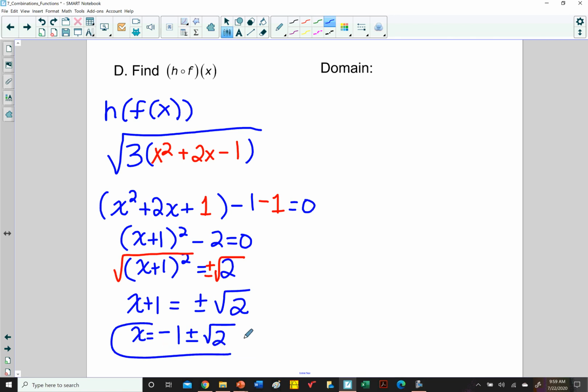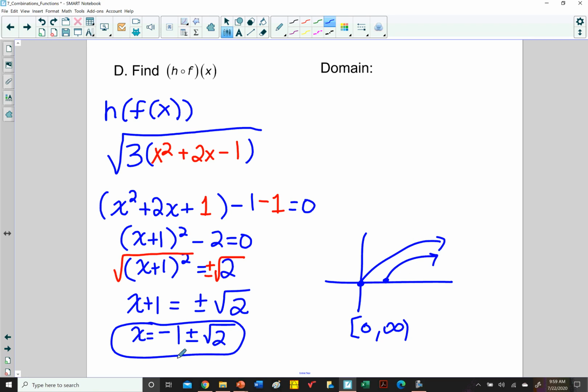So this is going to help us figure out what the domain is. Now, we know that the square root of 3x is going to look like that. So we're already limited with only values from 0 to the right. And then when we substitute this value and get a different shape square root function, we want the value from here that's going to be positive, because that's going to move the graph some way, right?